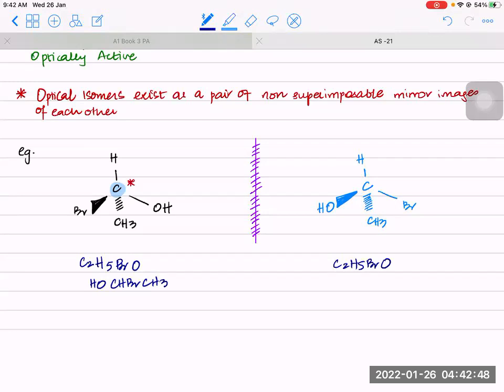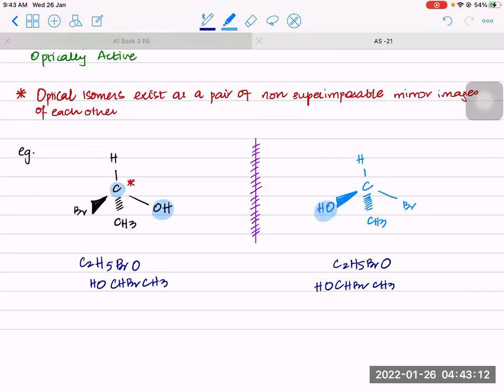Let's see the structural formula for this one. This will also be CH, Br, OH, and a CH3. Yes? Do you see the molecular formula is the same? Structural formula is also the same, but they are still isomers of each other because of the arrangement. Here, the OH is to the right.